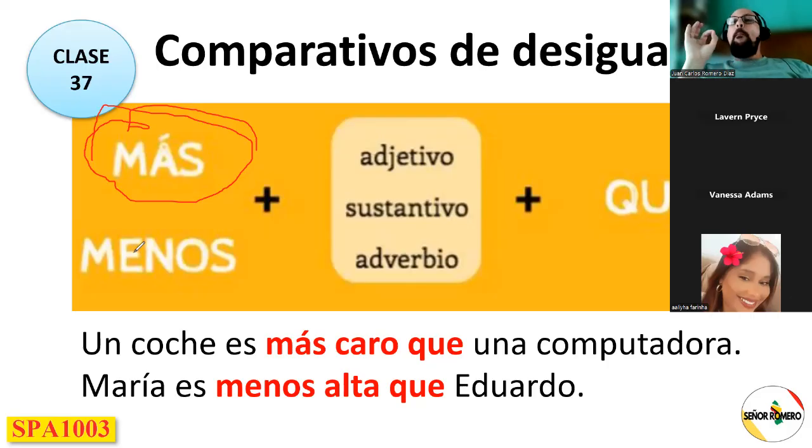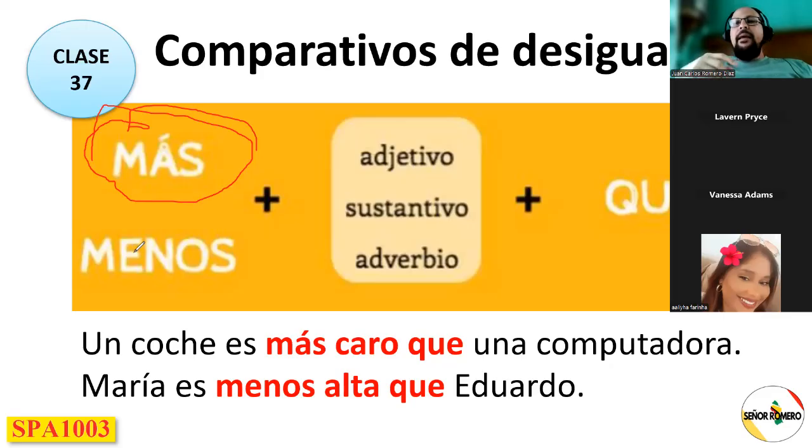We will say more tall than. That's the first thing that you have to remember. In Spanish, we will not say Juan is taller than Pedro. We will say Juan is more tall than Pedro, just like you do in Creolese, because we don't have a structure equivalent to er than in Spanish. Juan is more tall than Pedro.